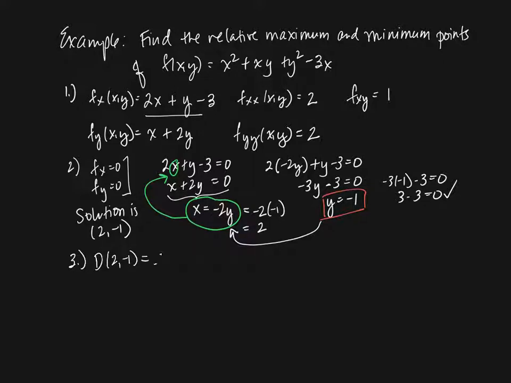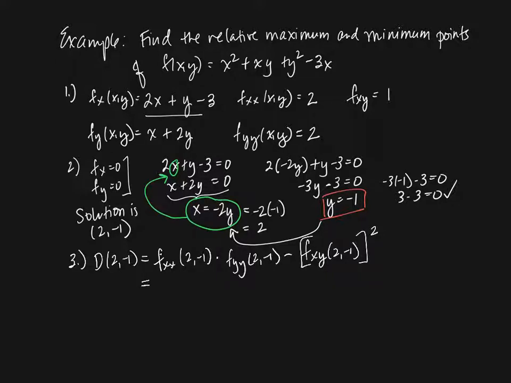And let's recall that that's the second partial with respect to x at that point times the second partial with respect to y at that point minus the mixed partial at that point, and then squared. In this case, though, if we go back up to all of our second partials, notice they're all constant functions.